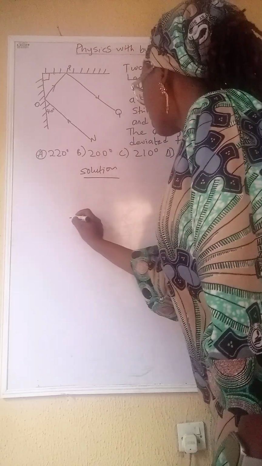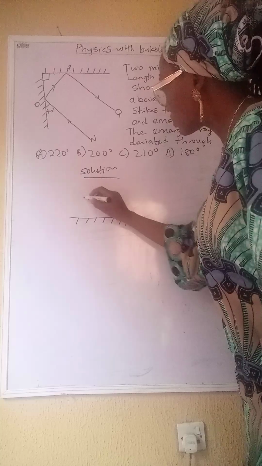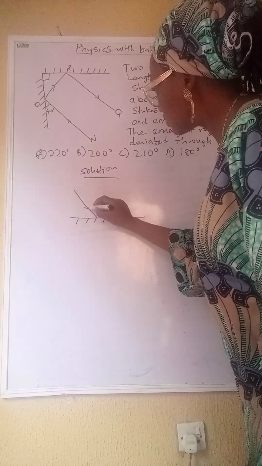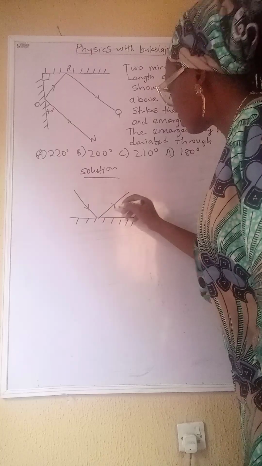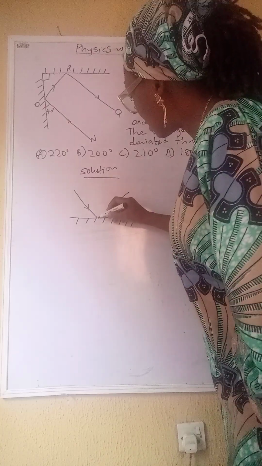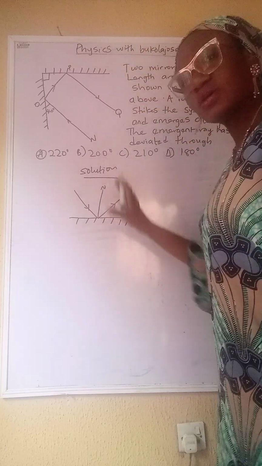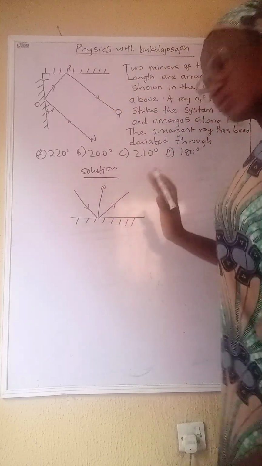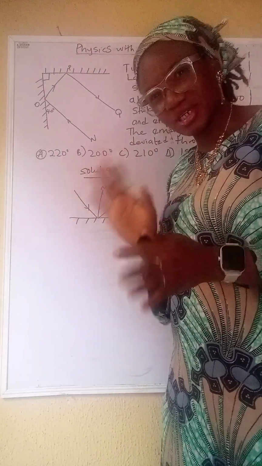If we have a ray of light incident on a plane mirror, it gets reflected. If we draw a normal, we have N. I just want to do this so that it doesn't look as if I'm doing magic.